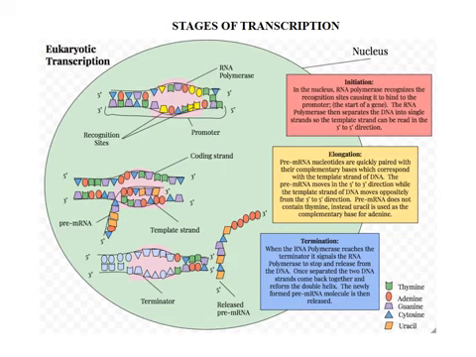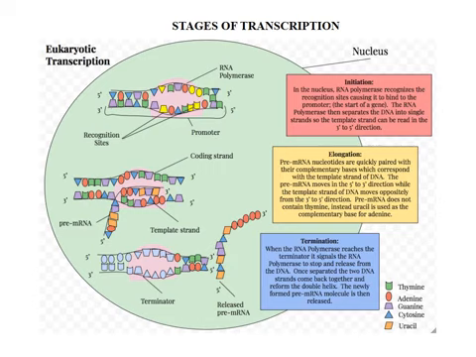Once the RNA polymerase reaches the terminator, it gives a signal to the RNA polymerase to stop or dissociate the complete transcript, and releases the RNA polymerase from the template DNA. This release of RNA polymerase from the template DNA varies for each of the three RNA polymerases.